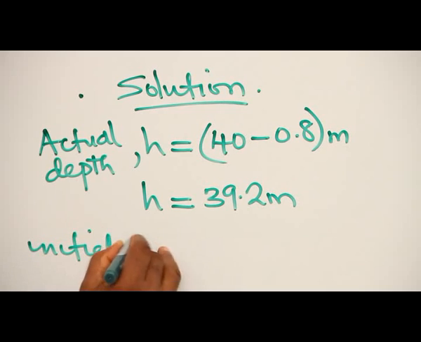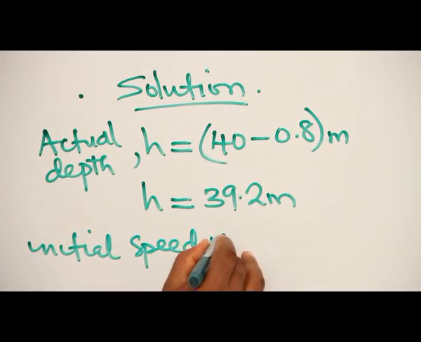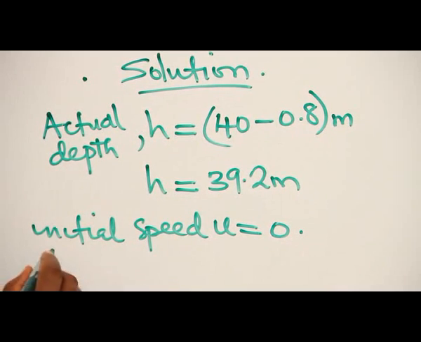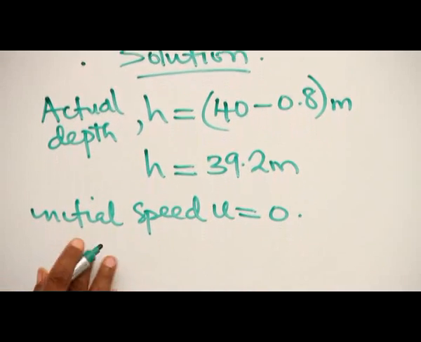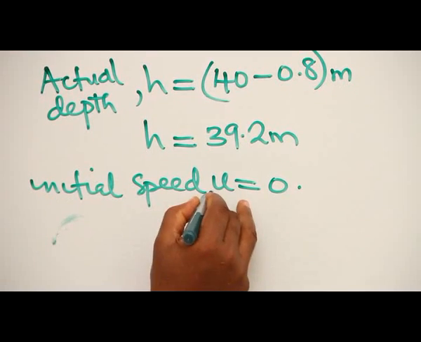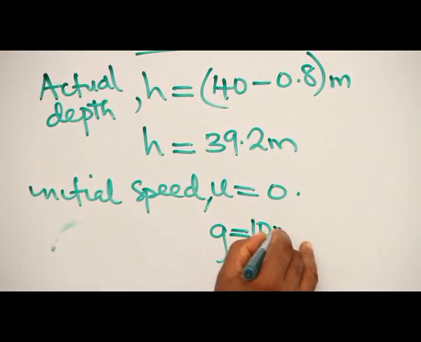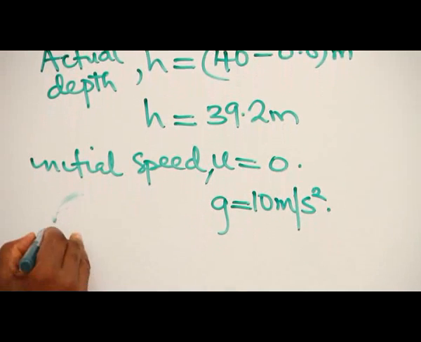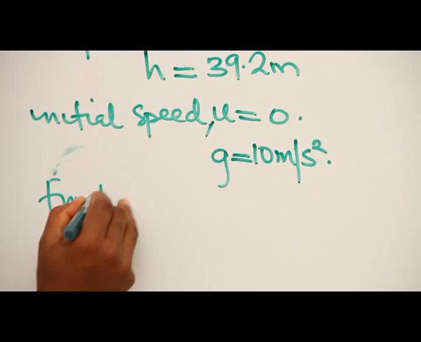Initial speed u is 0, it fell from rest. We are also given the acceleration due to gravity as 10 meters per second squared. We are looking for the final speed.